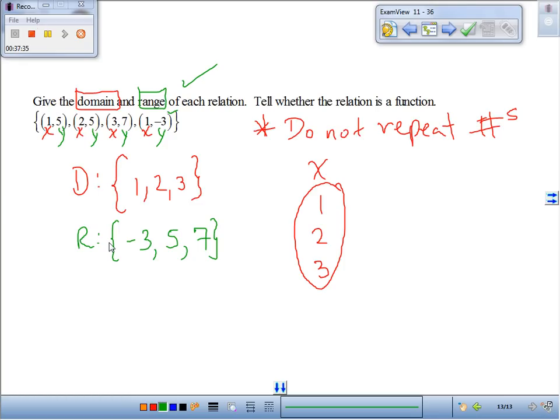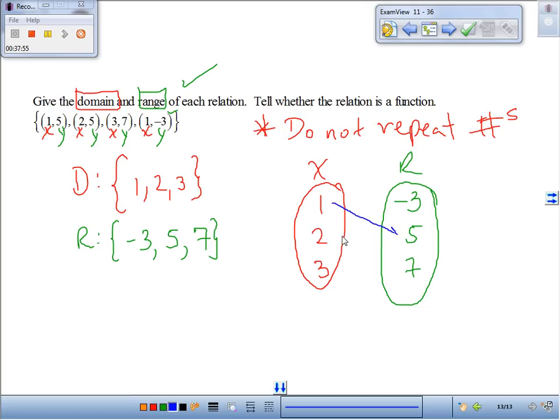From there, I'm going to write my range. Okay? And let's map this. 1 to 5. 1 to 5. There it is.